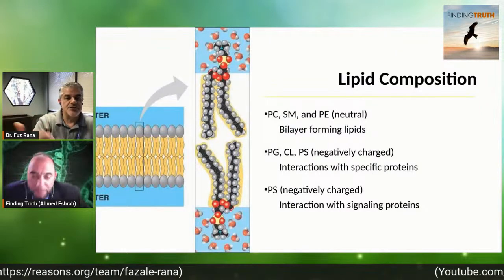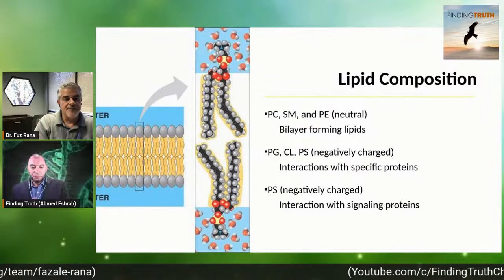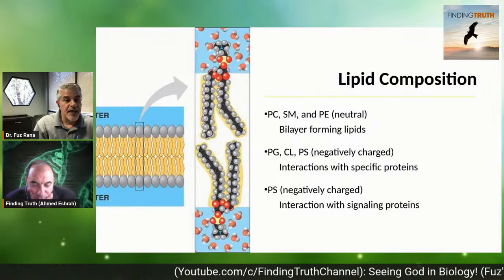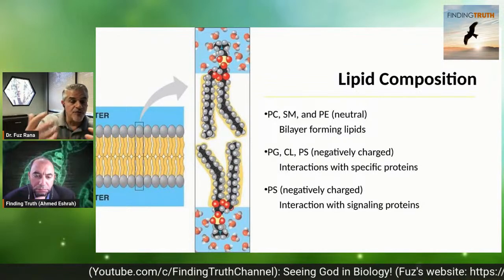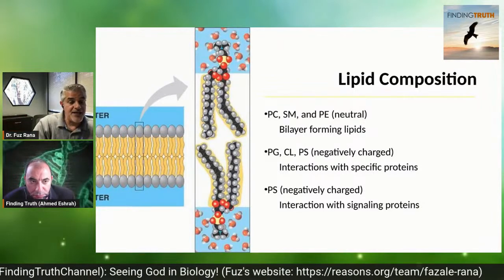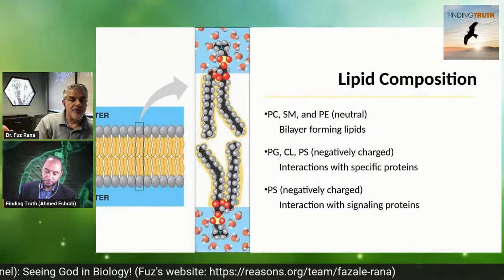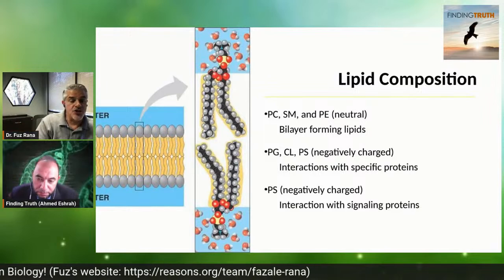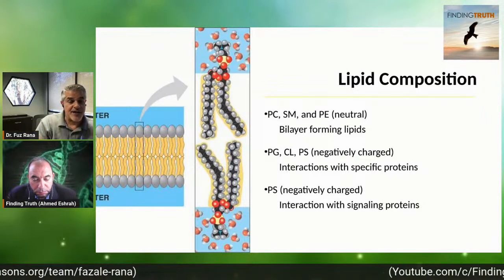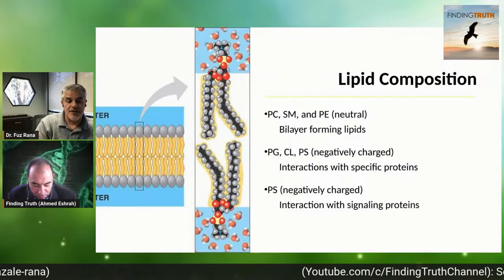Some phospholipids have a very strong bilayer forming capacity, and they have an overall neutral charge. These are the ones that are going to form the bulk phase of the bilayer. Other phospholipids are negatively charged, and those are going to lead to forming highly specific interactions with proteins, particularly electrostatic.